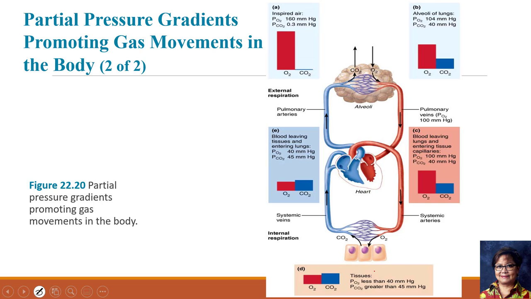Here in the bottom area, the partial pressure of oxygen is less than 40 millimeters because a lot of the oxygen has been taken in by the tissue for use in production of ATP, and the partial pressure of carbon dioxide is greater than 45 because carbon dioxide is being released, also still in the production of ATP.